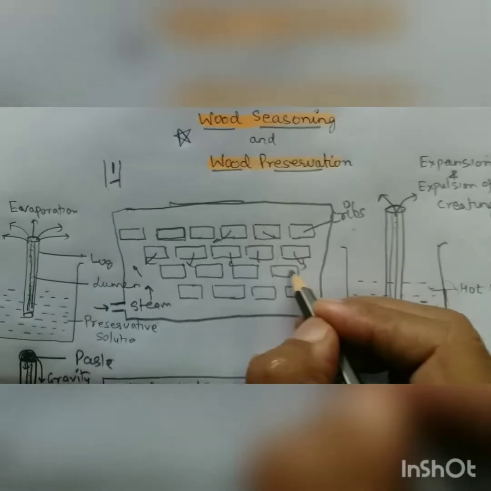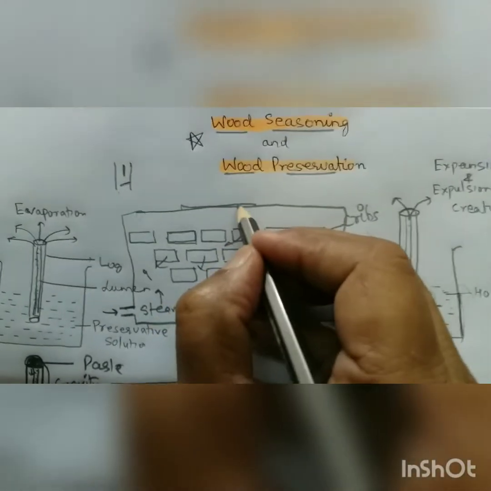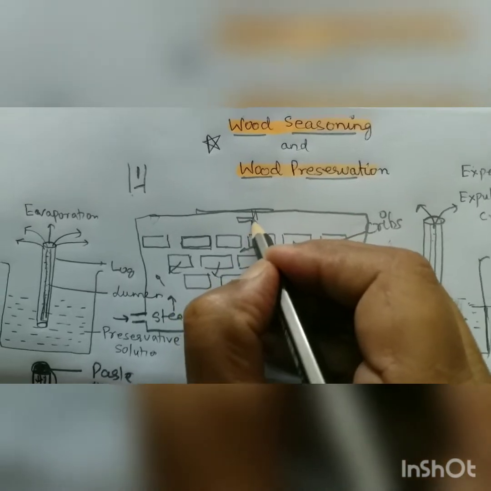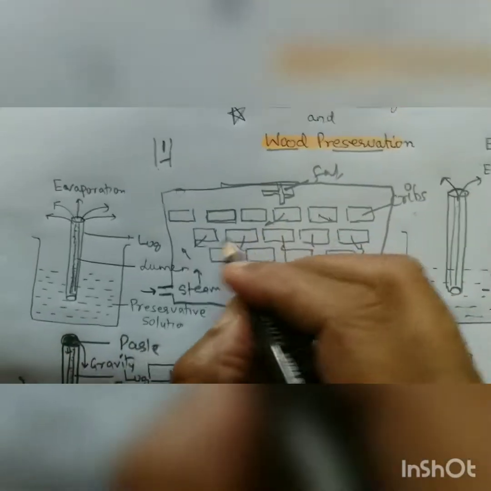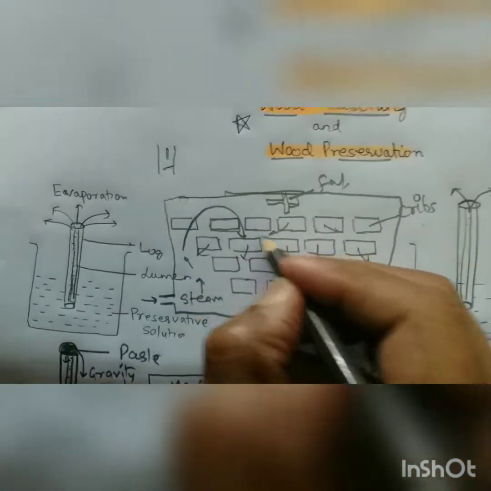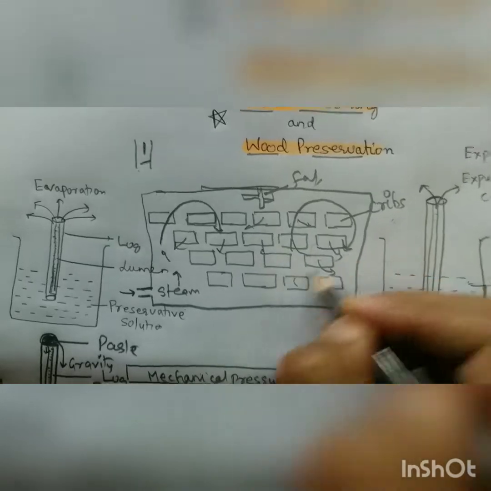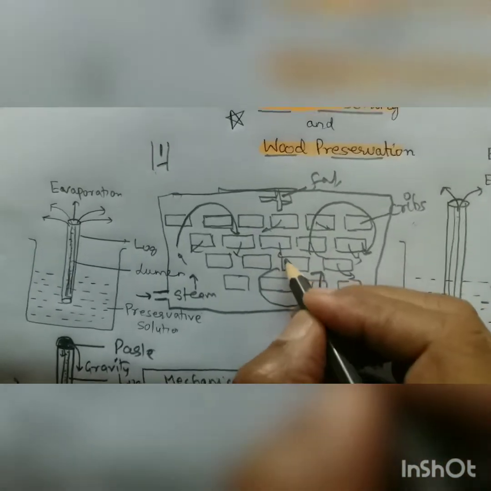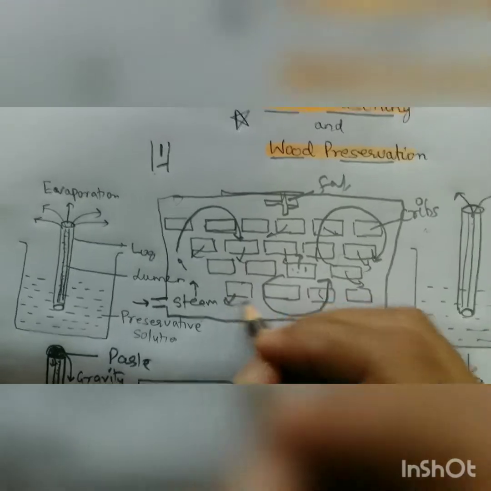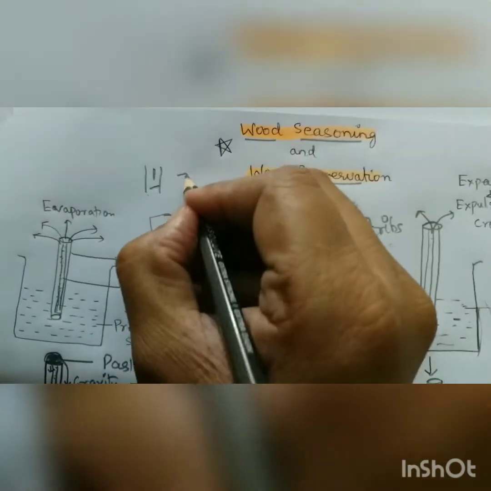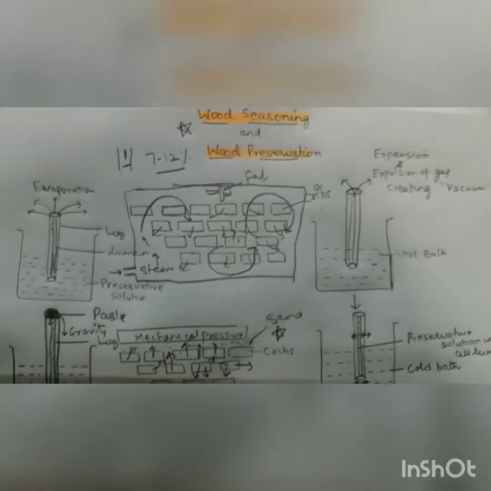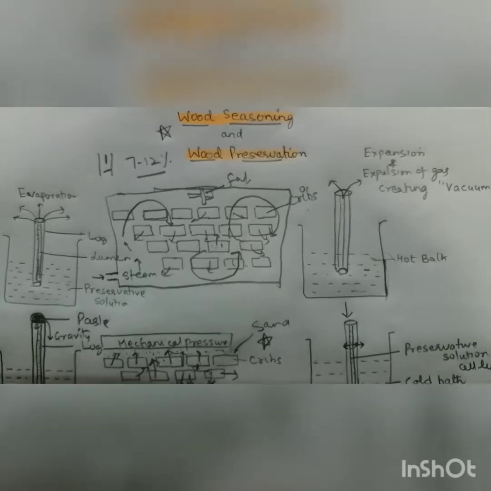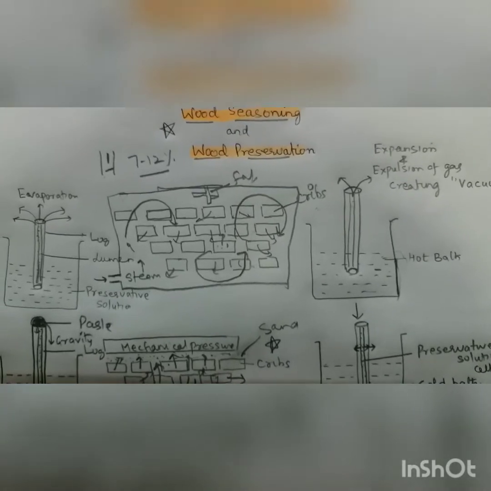but sometimes the demand is more, so we put on the top of it a fan which circulates the steam, and so the moisture level is quickly reduced to 7-12%, which is the best moisture level required for wood seasoning, so that wood will not take water in the rainy season and will not lose water in the summers, right?